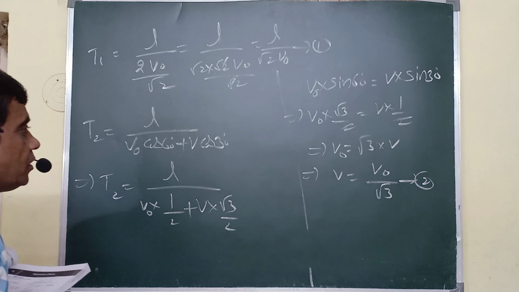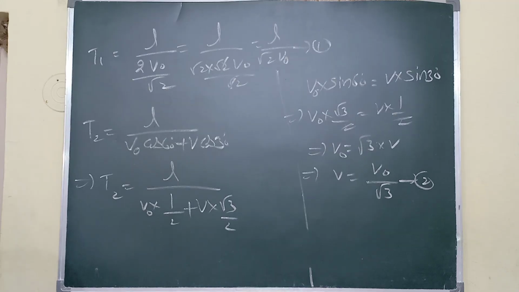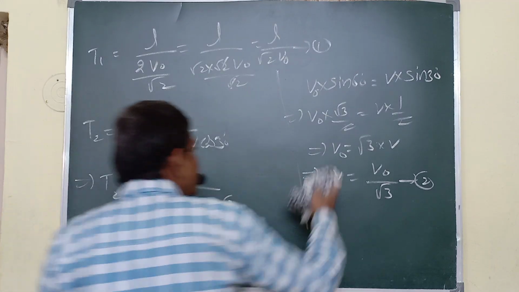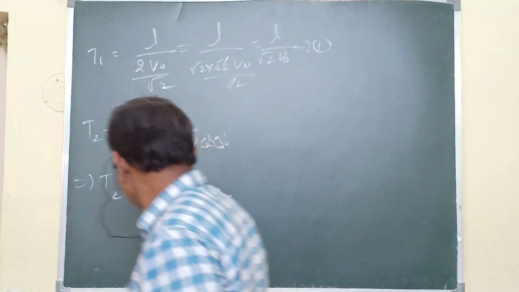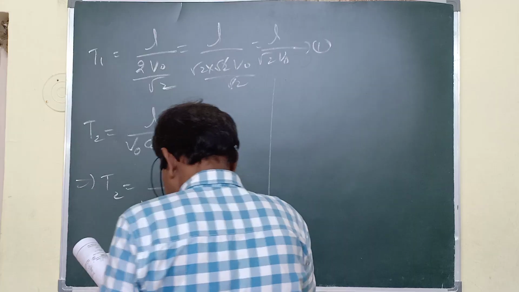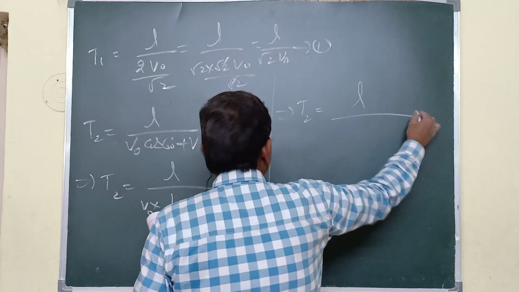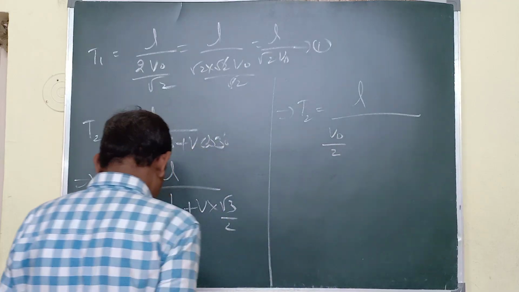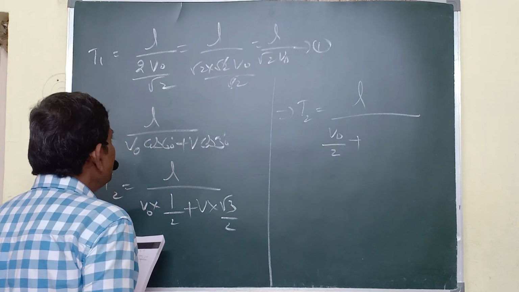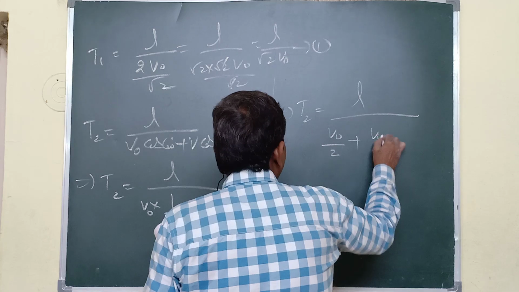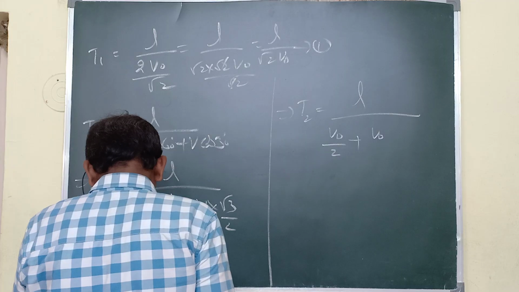Again you substitute the value. What is the value of V? This implies T2 equals L by V naught by 2 plus V times root 3 by 2. So what did we get here? V equals V naught root 3.